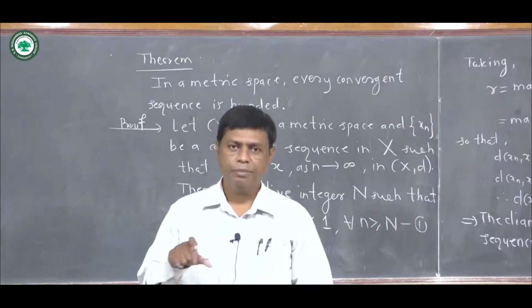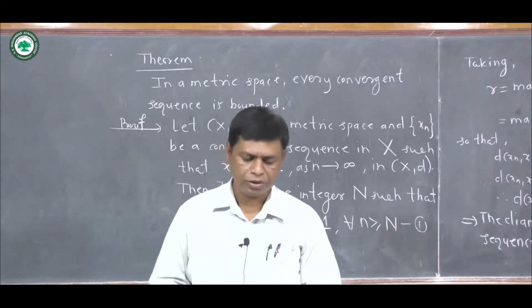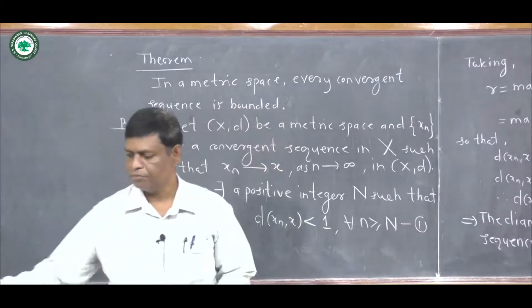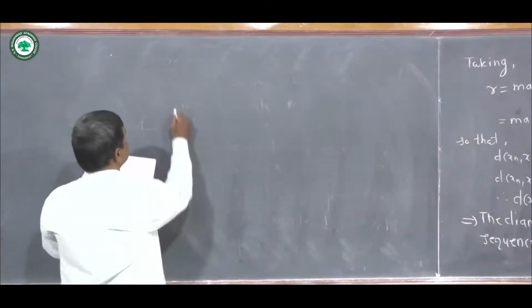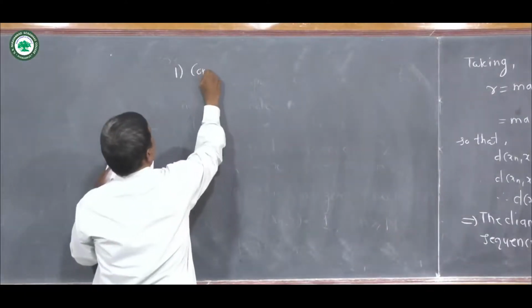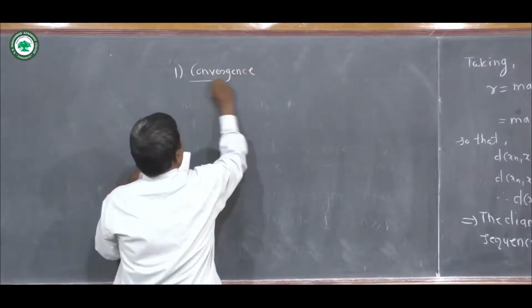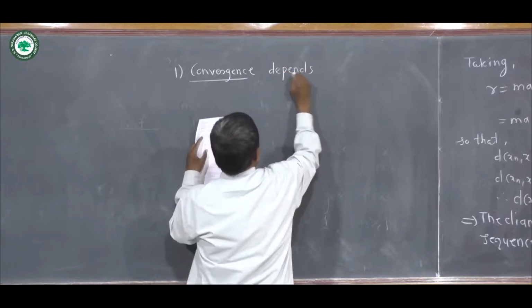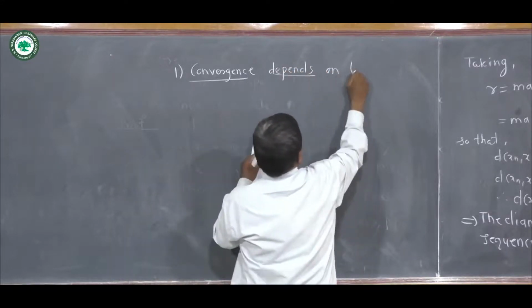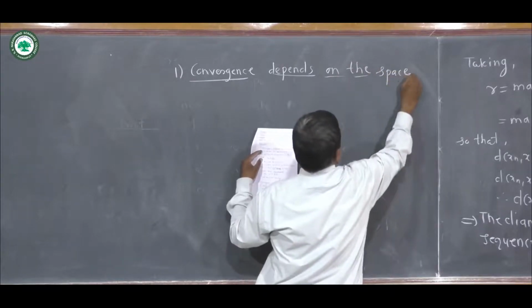So the first example is that convergence depends on the space X.